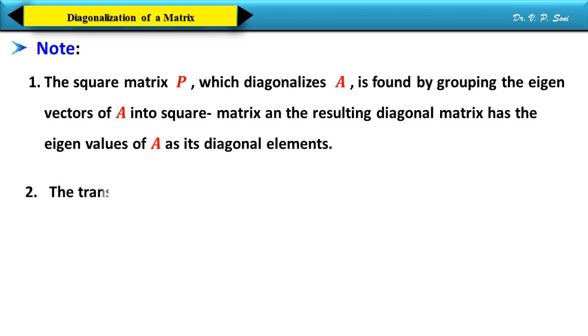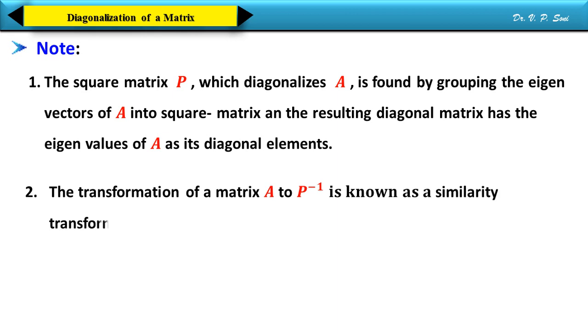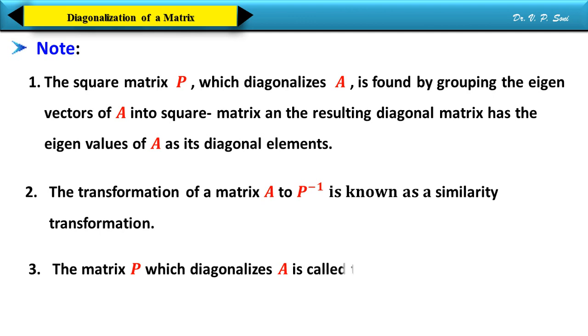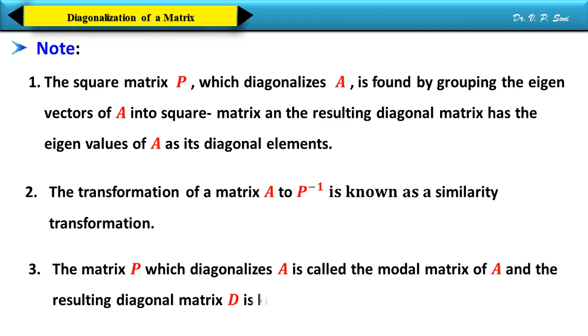Second, the transformation of the matrix A to P inverse AP is known as a similarity transformation. Third, the matrix P, which diagonalizes A, is called the modal matrix of A, and the resultant diagonal matrix D is known as the spectral matrix of A.